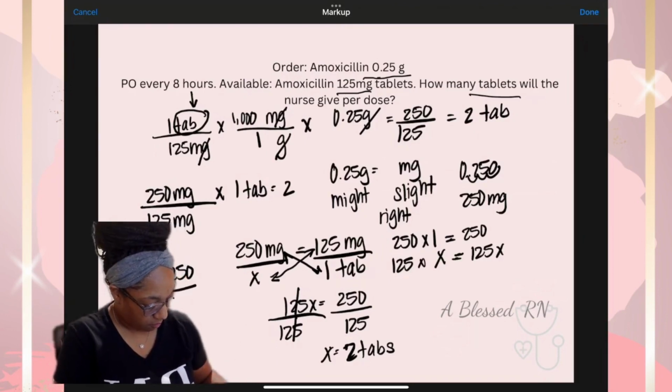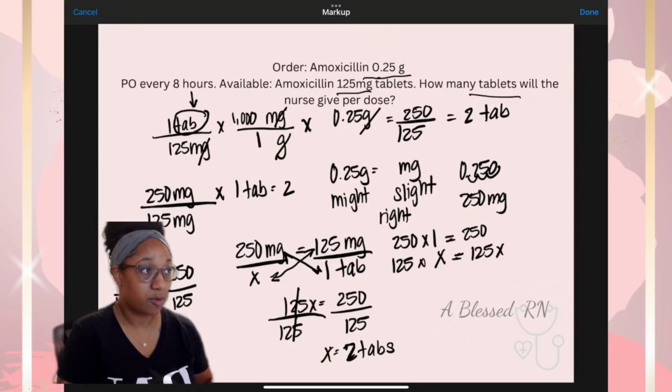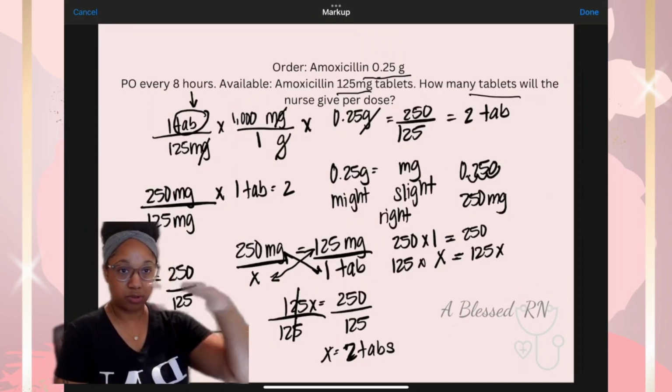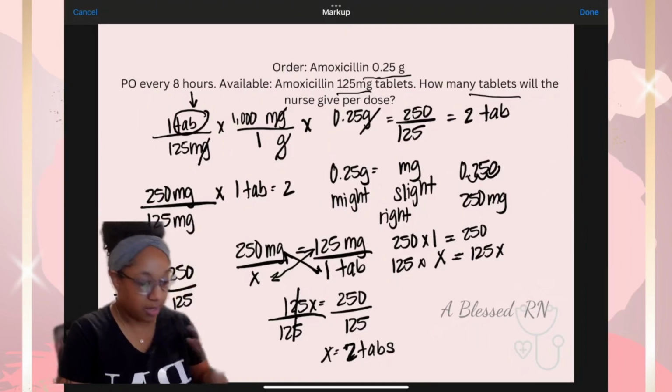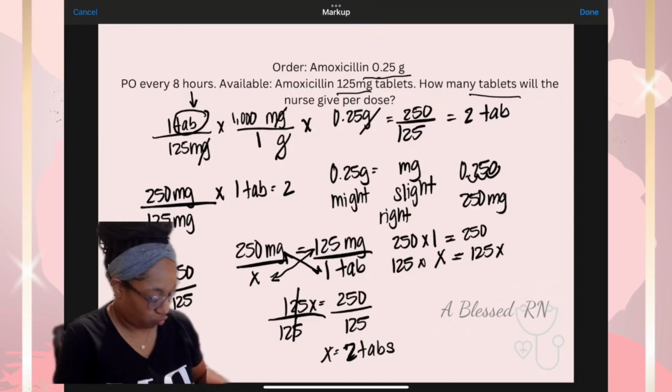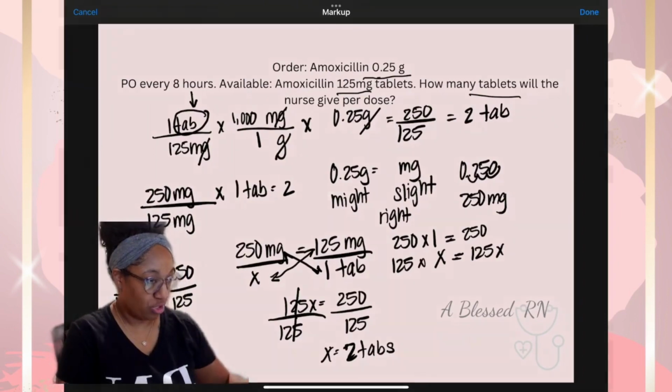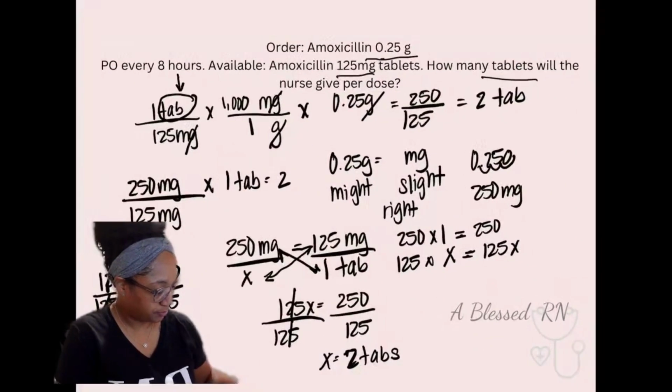You divide on both sides because it's got to be equal. The equal sign means you have to do it to both sides. So you see we got x because 125 is crossed out, and when you divide 250 by 125, it's going to be 2. And you rock.